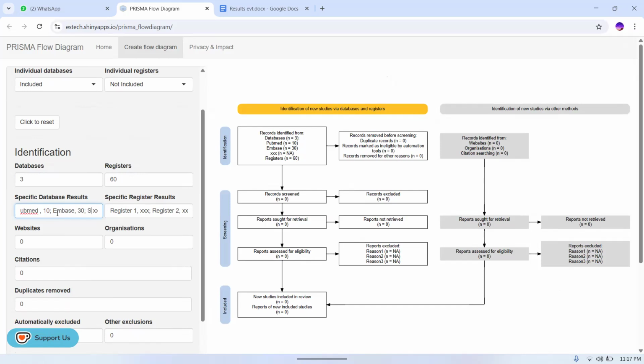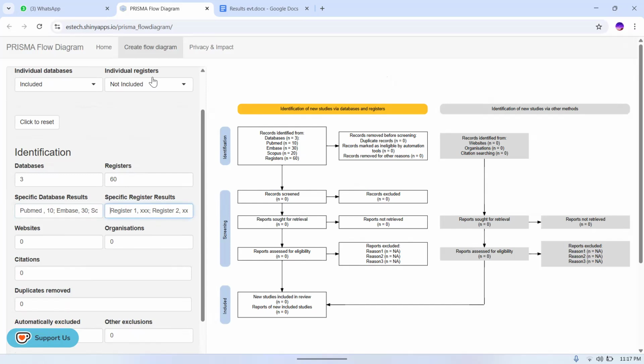Let's say I'm saying Scopus. I imported 20 articles from Scopus. So this is how I filled my first box.